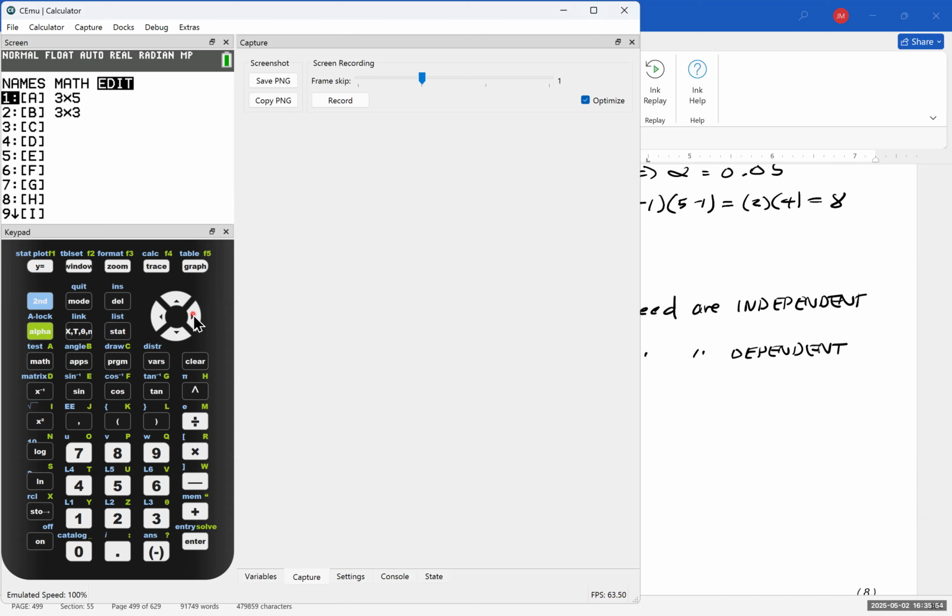Under the edit menu, matrix A, I've already entered the information as a 3-row by 5-column matrix.